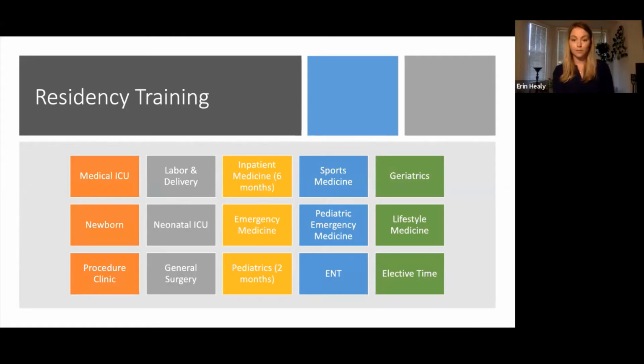My program specifically was phenomenal with allowing for elective time, and that lets you hone in on specific interests that you have. So for me, I love procedures, I love weight loss medicine, I love lifestyle medicine. I was able to procure my own training by picking different electives.